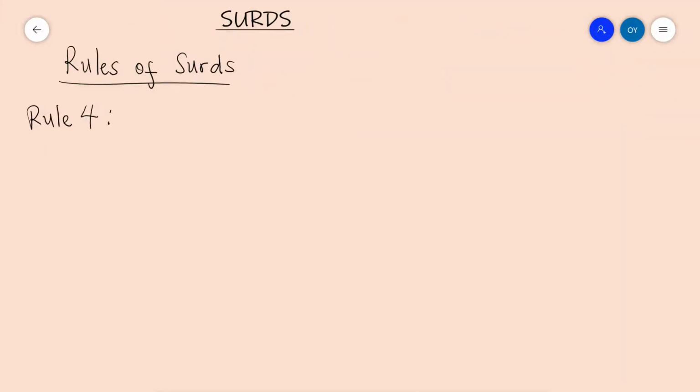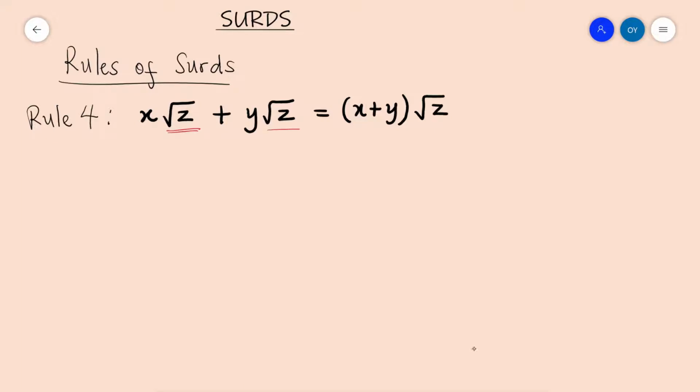Rule number 4, we have x root z plus y root z equals x plus y, root z, because root z is common on both sides.